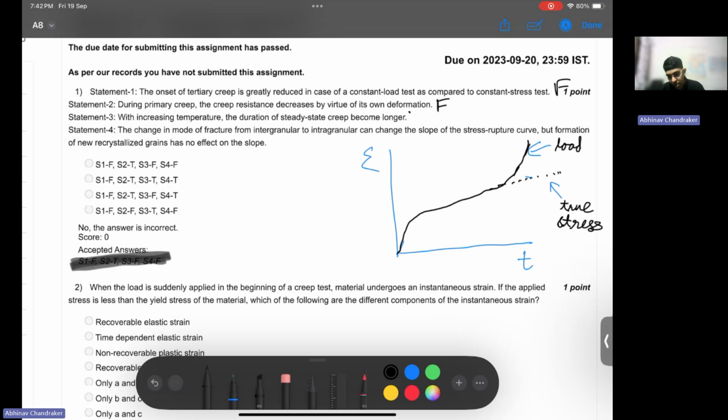So higher creep rate corresponds to lower time to achieve a particular strain. So this will be false. You can also understand this from application point of view: if your temperature is high, then your component life decreases because it will creep much faster. So the duration of steady state creep occurring in your component during its life has reduced at higher temperature.